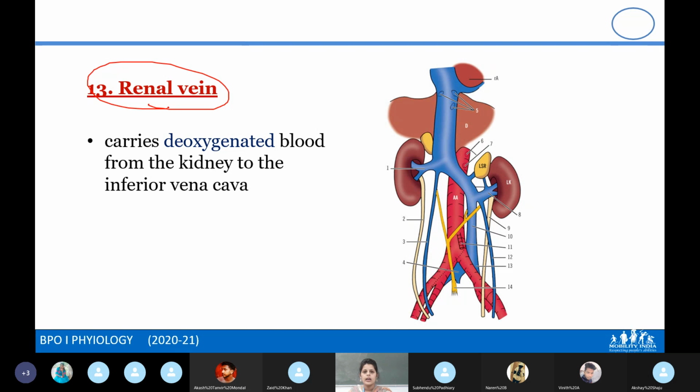Renal vein. From the kidney, the blood is carried back by the renal veins. They carry deoxygenated blood from the kidney to the inferior vena cava. The inferior vena cava is the second largest vein. So from the kidney, it gives blood back to the inferior vena cava.